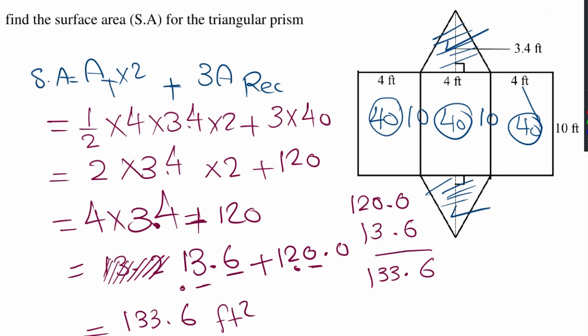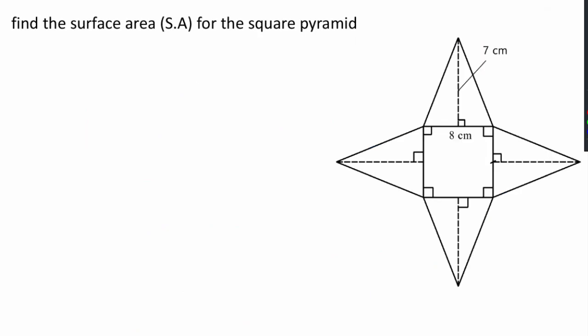Ready now? The next one. Find the surface area for the square pyramid. The square pyramid has 4 congruent triangles, 1, 2, 3, 4, and 1 square.